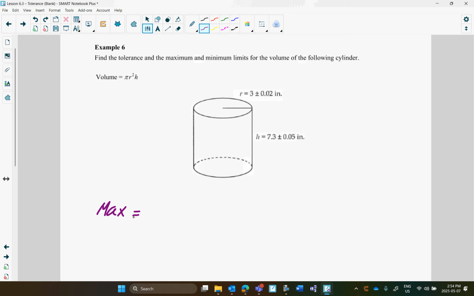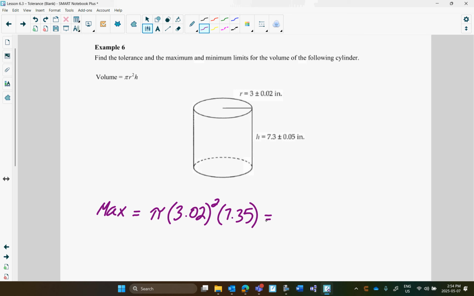It's going to be pi times the maximum radius, 3.02 squared, times the height of 7.35, and that will give us our answer.